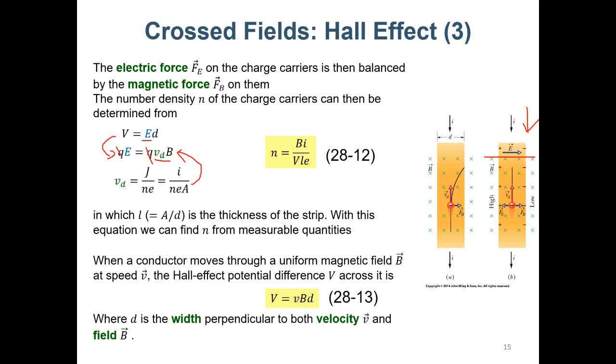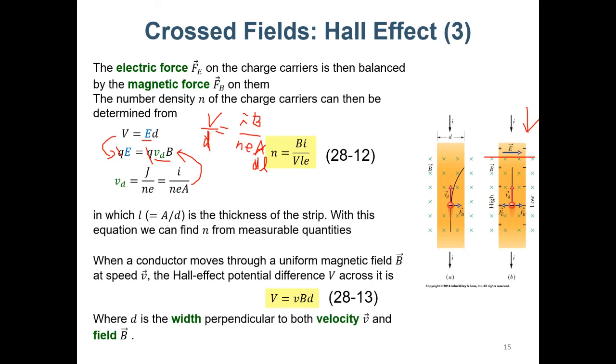So we have V over D equals IB over NEA. And actually, L equals A over D. So we can substitute A equals DL, and D can be cancelled.